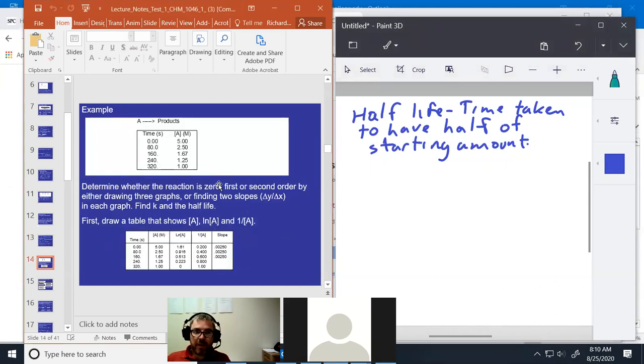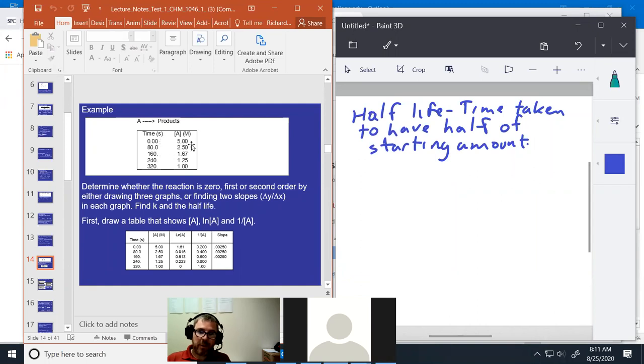Let's talk about the kinds of problems we're looking at here. If you look at this one where we've just got a single reactant going to products, the data looks a little different to what it did when we were talking about the reactions that we did last Thursday. And you'll see here that we're just given a time and a concentration of A. So there's no real surprise here about what's going on.